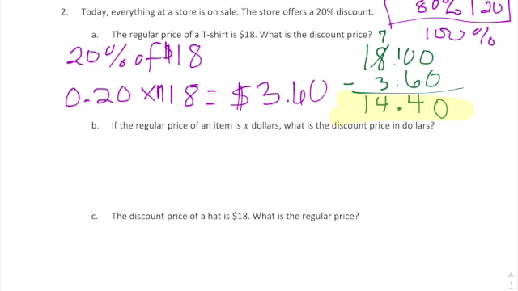Okay. So now for the second one, it says if a regular price of an item is X dollars, what is the discounted price in dollars? This one's a lot harder because I have to write an equation that I can always use to find it. And again, here's where I'm going to use this 80%. Okay.